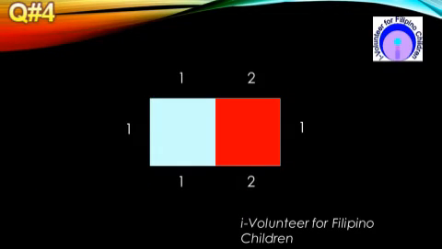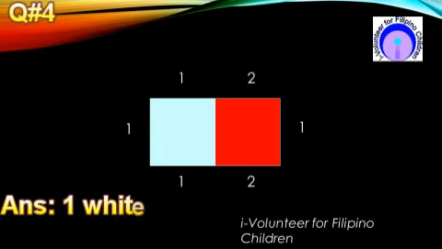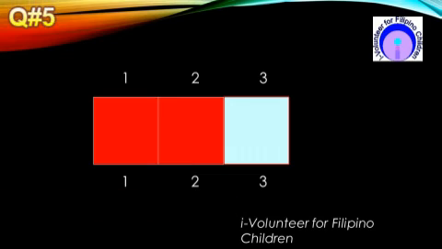Question number 4. How many white squares can you see? The answer is 1 white square. Number 5. How many red squares can you see?